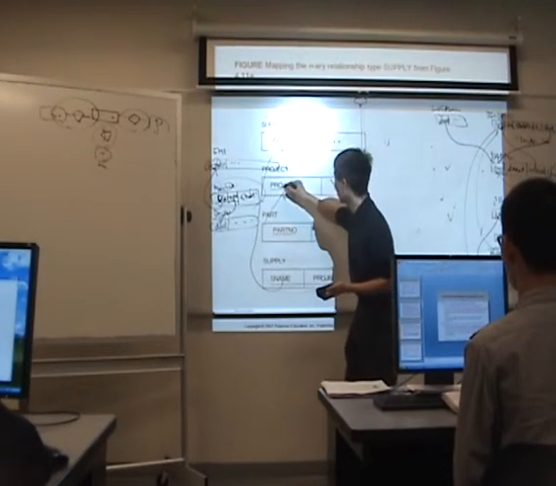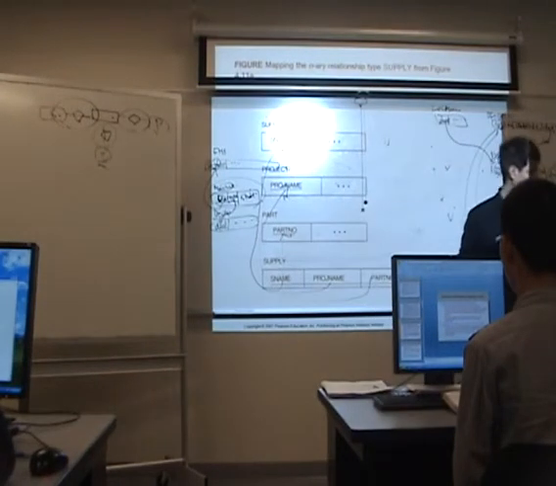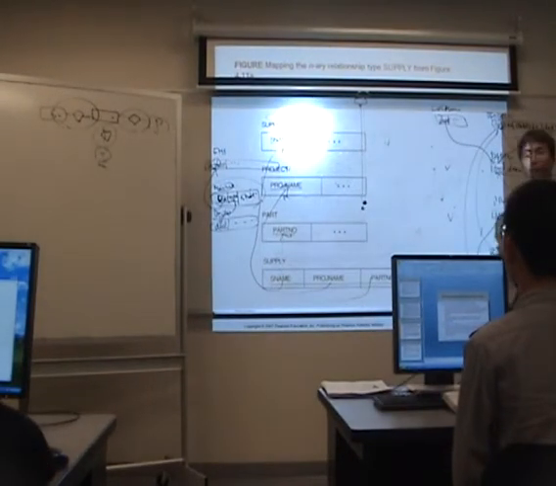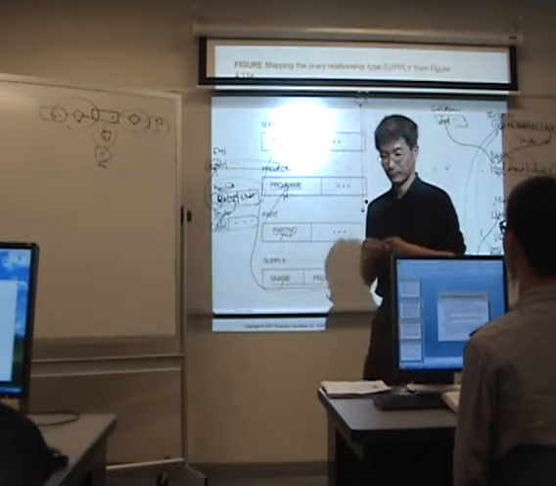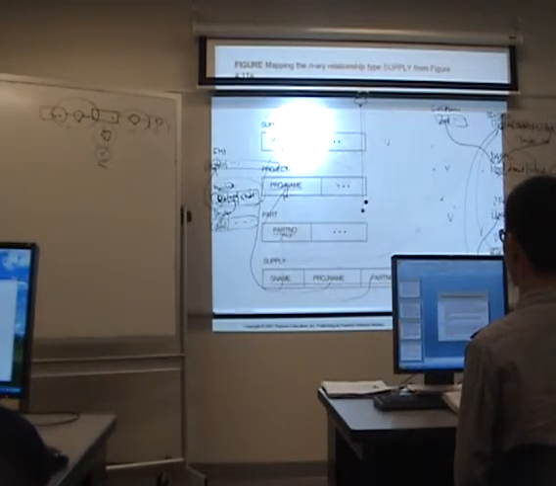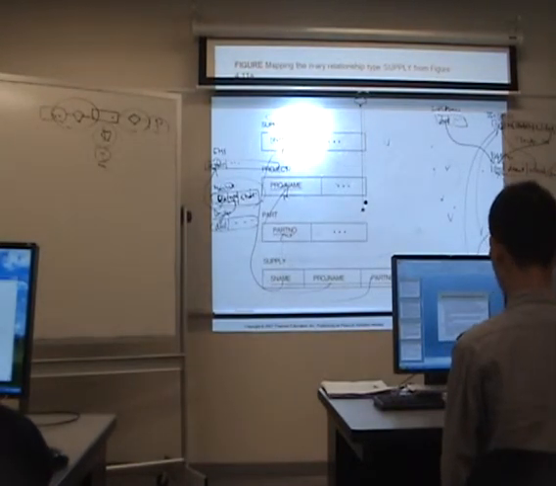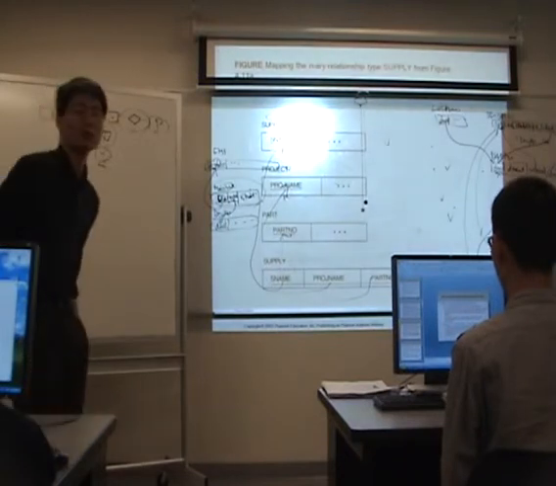Project name goes to here. Part number goes to here. That's it. That is the N-ary relationship. Any problem? Any questions so far?